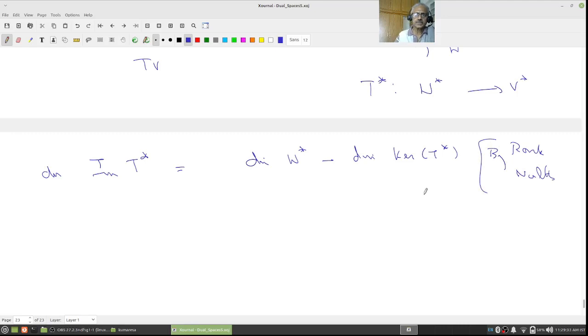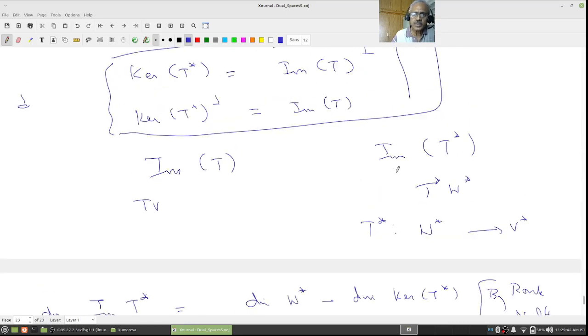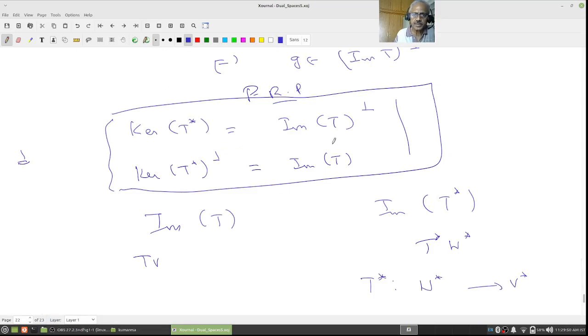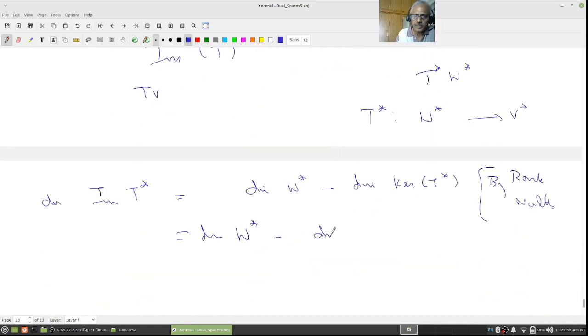But I know what the kernel of T star is. It is image of T perp, right? Therefore this is dimension of image of T perp.